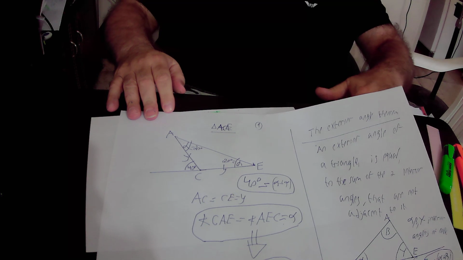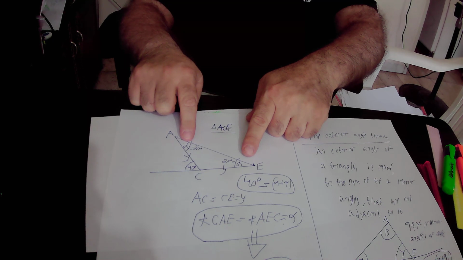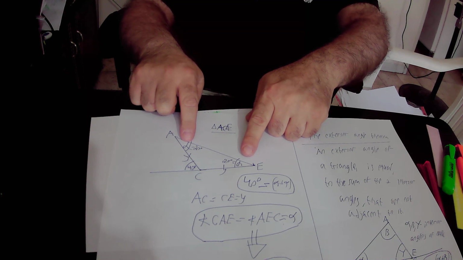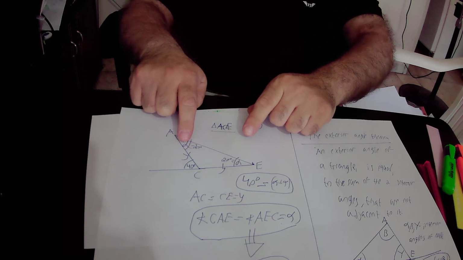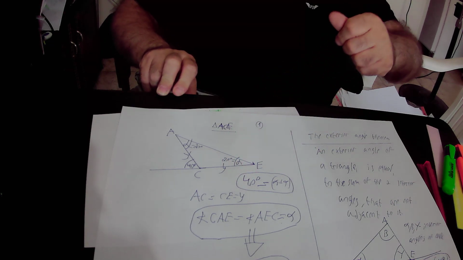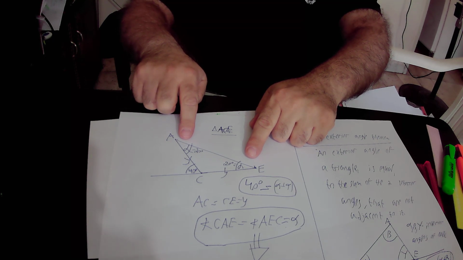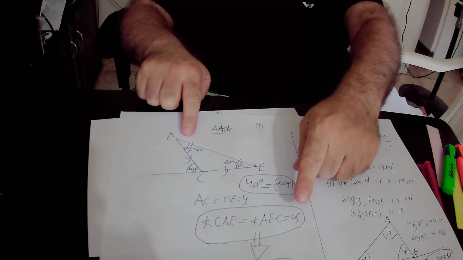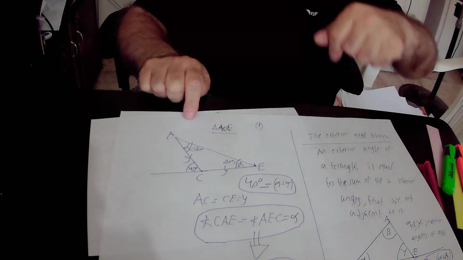And we know that in front of equal sides in a triangle there are equal angles. So AC equals CE equals y, therefore those two angles are equal to each other. So angle CAE equals angle AEC. If angle AEC equals alpha, then the other angle, angle CAE, must also equal alpha.